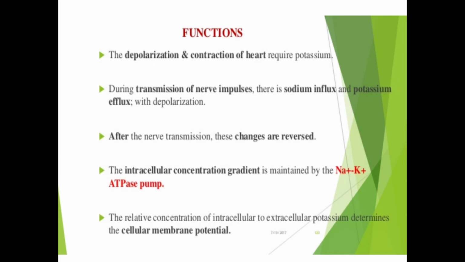The concentration gradient is maintained by the sodium potassium ATPase pump. The relative concentration of intracellular and extracellular potassium determines the cellular membrane potential. Okay, these are related to physiology.